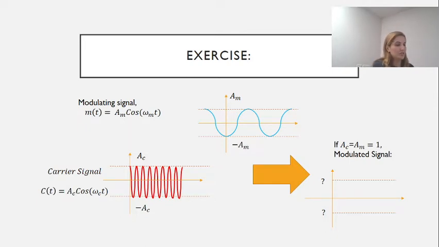Then have another dash line wave added, and that is my modulating signal. It's going to act as my envelope. So we are looking at the time domain, and we are going to change the frequency of the carrier signal according to our modulating signal. At this stage, if you're confused, just stop the video and go back to where I was explaining it a few minutes ago, and then come back to this point and start to do the exercise yourself.